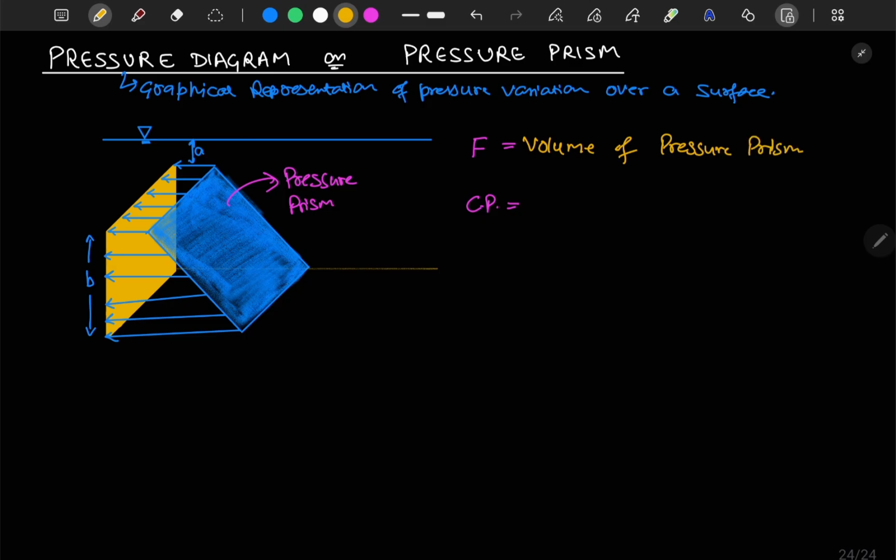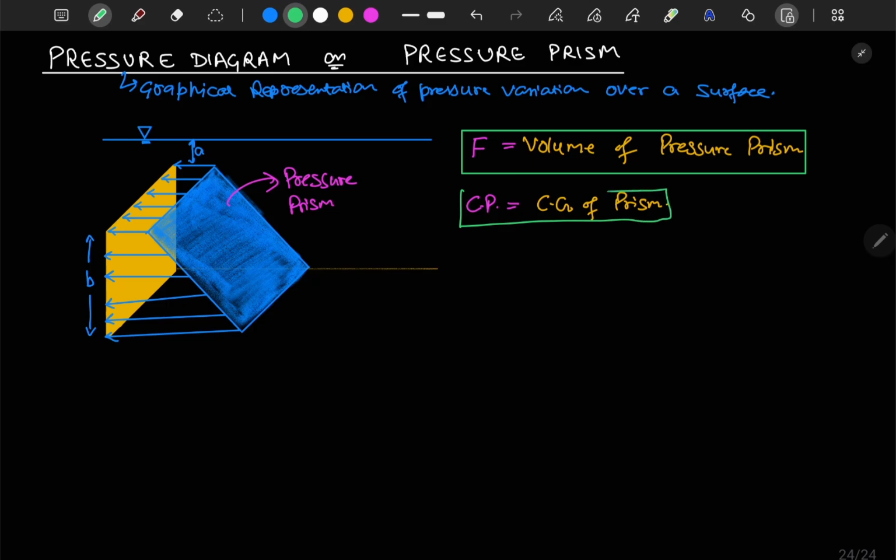And the center of gravity of the prism is your center of pressure. So these two points are the important ones: force F is the volume of the pressure prism and Cp is the Cg of the pressure prism.